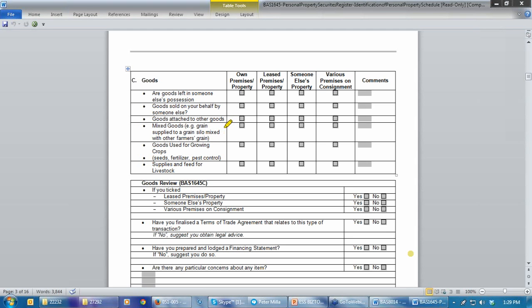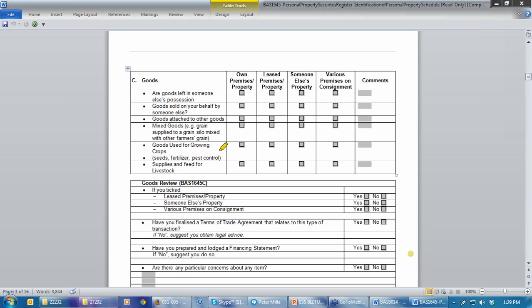And also mixed goods, especially grain farmers and sugar farmers, where their product is being mixed with other suppliers' products in the one facility, can get protection. In fact, you can trace through from ingredients through to a final product, through to potentially recovering from the debtors to the customer's business under this legislation.